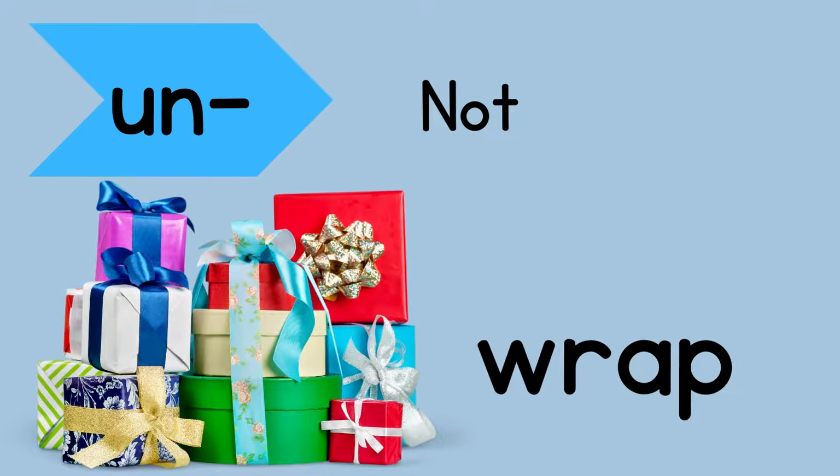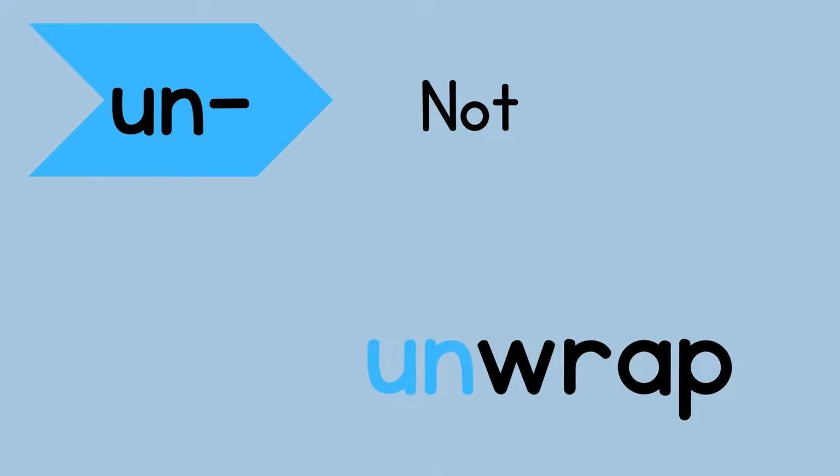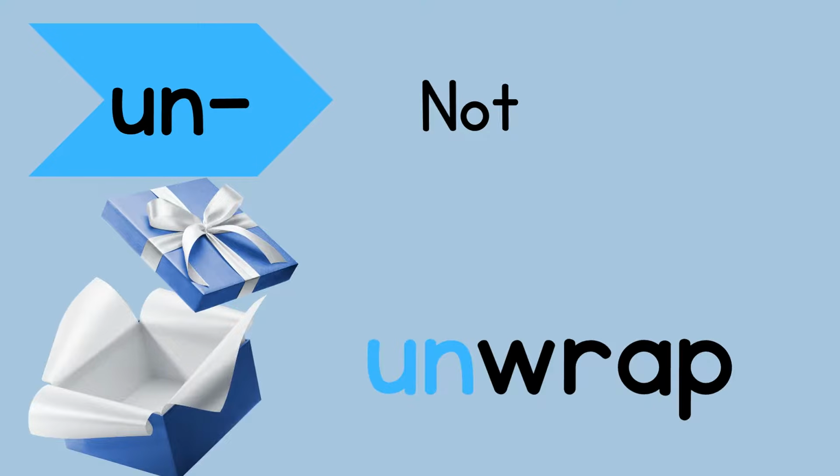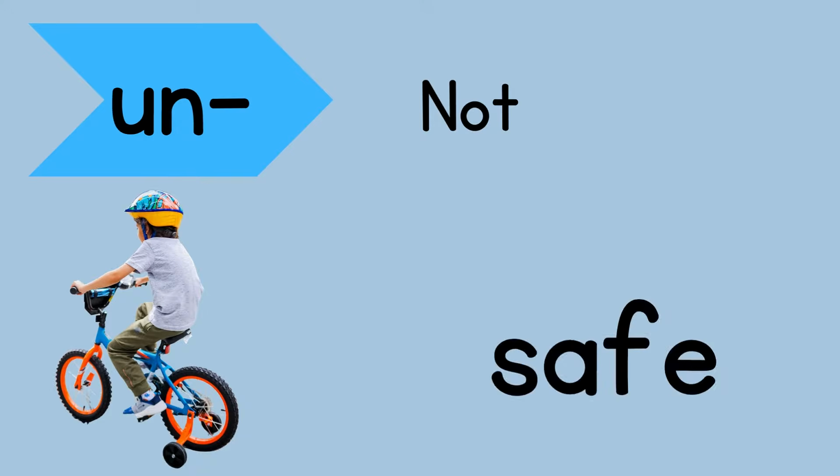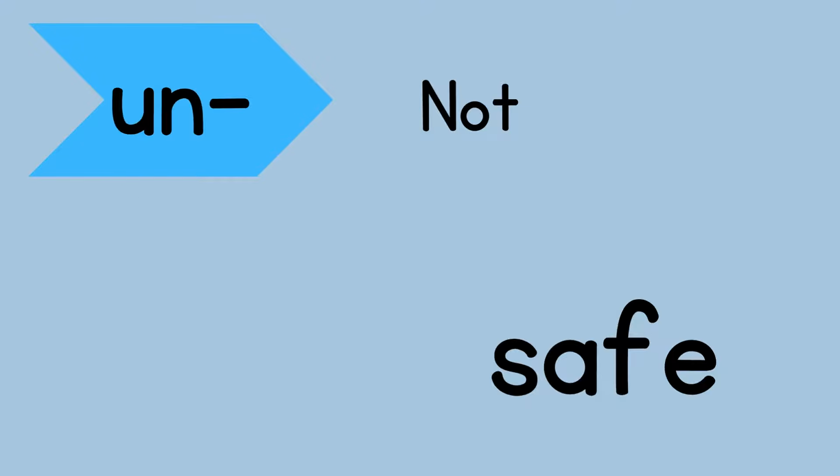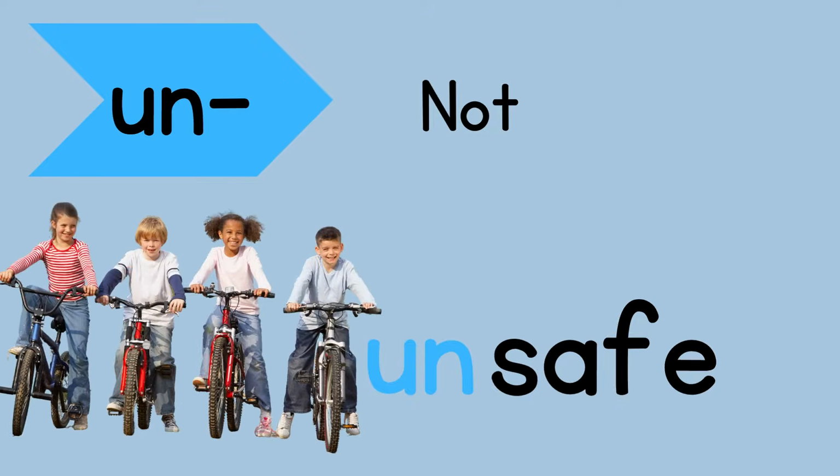Adding un makes it unwrap, which means not wrapped. Finally, we have safe. What word does it become? Unsafe. And what does unsafe mean? Not safe. Always wear a helmet when biking, just to be safe.